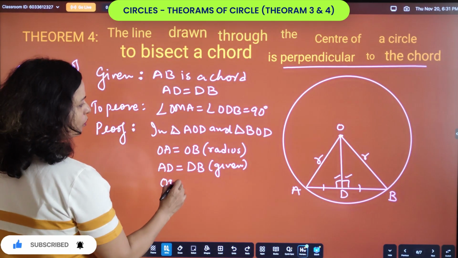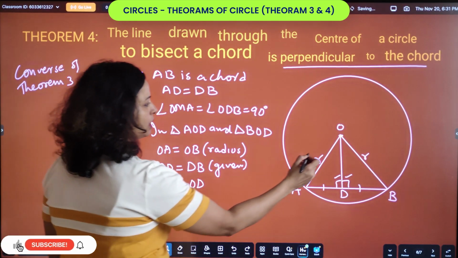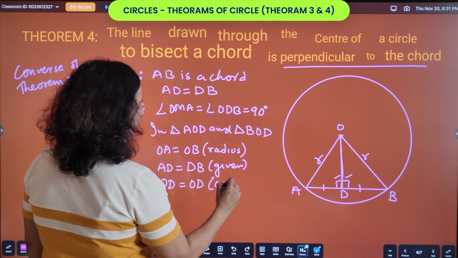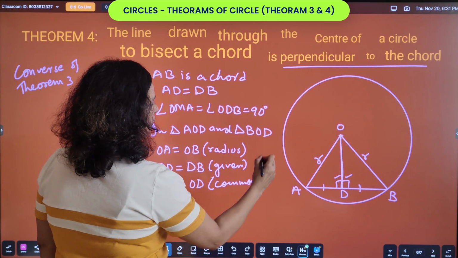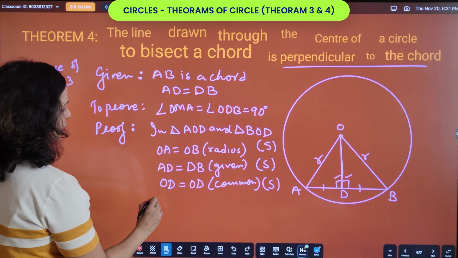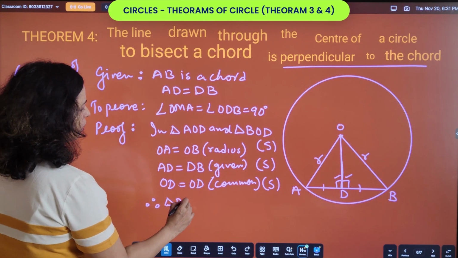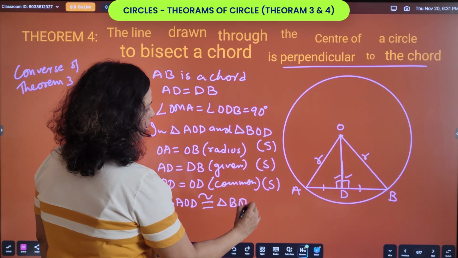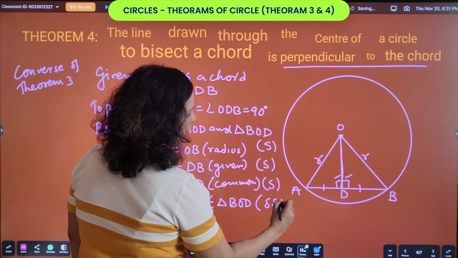And the third side OD is equal to OD. If you see, this is the common side. So we have one side, another side, and the third side. Therefore we can say triangle AOD is congruent to triangle BOD by SSS rule.